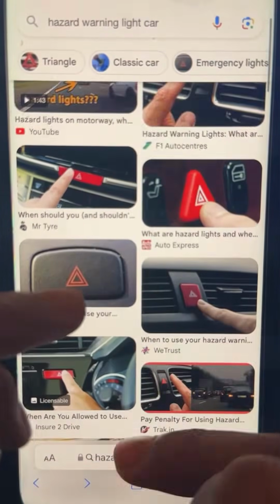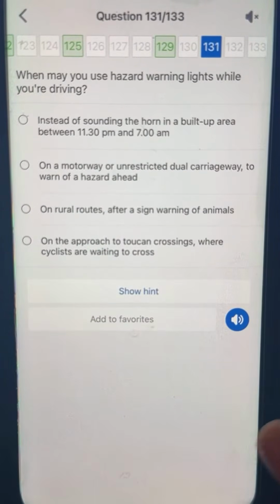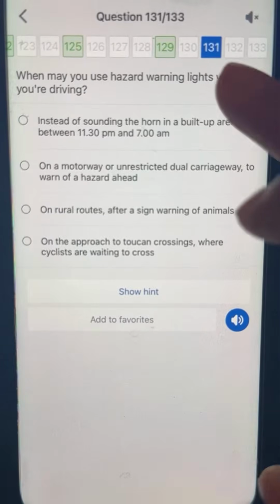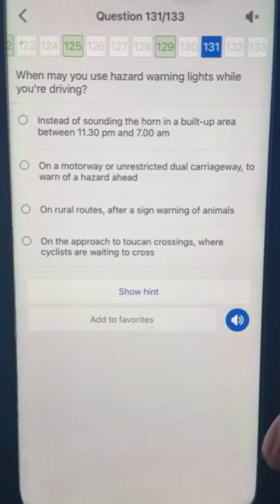But you can use it while you're driving. Usually we don't use it while we're driving. We use it when we've stopped, we break down, we cause obstruction in the middle of the road. But we use it while driving if you're on a motorway, to warn other traffic about a hazard ahead.